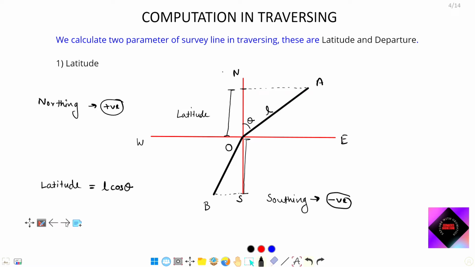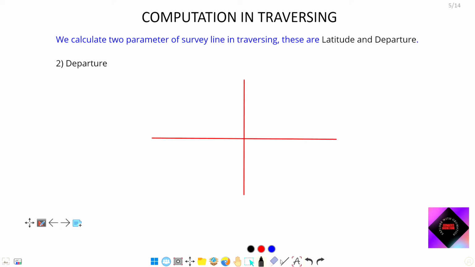Now moving further. Similarly, just like latitude, if I am taking the projection of a line on the east-west axis, this is north, south, east, west. If I am taking the projection of the line on the west-east axis, then this is called departure.